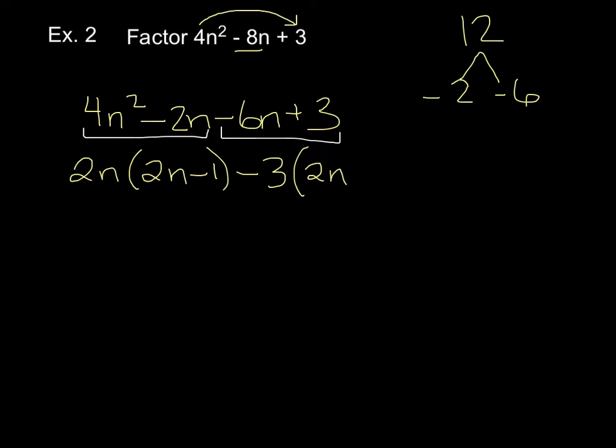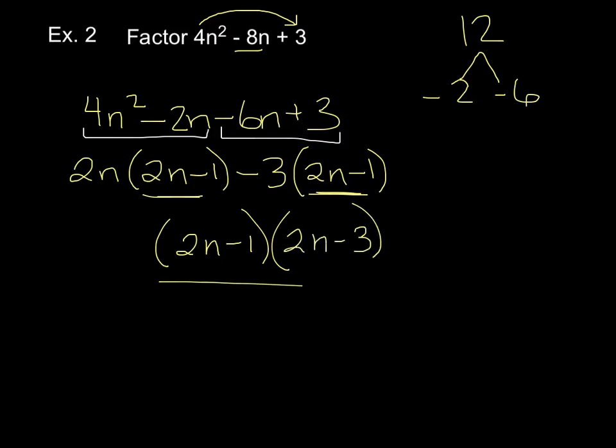But now I have to look at this as a positive 3, and factoring out a negative 3 gives me a minus 1. So here's my common factor again, 2n minus 1. And when I pull those away, I'm left with a 2n minus 3. And there's my factors.